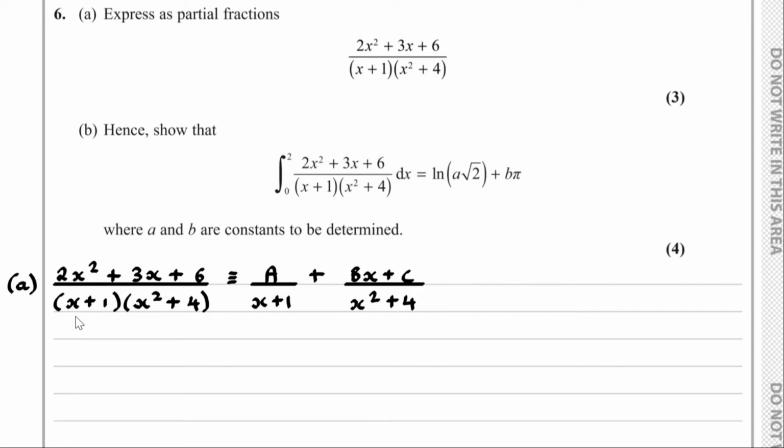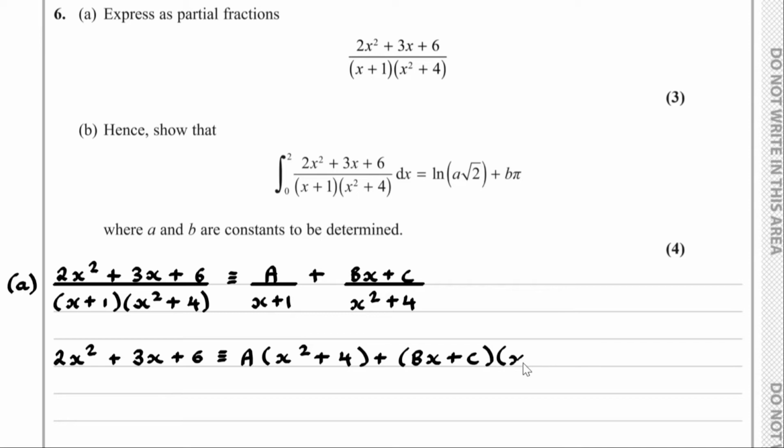And so if we multiply through by x plus 1 times x squared plus 4, we end up with 2x squared plus 3x plus 6 being equivalent to a times x squared plus 4 plus bx plus c times x plus 1.